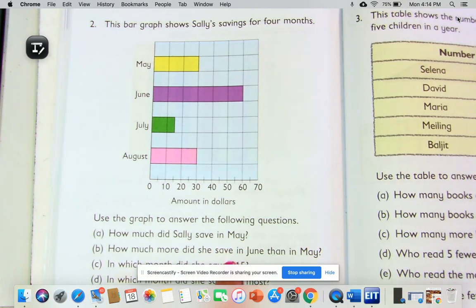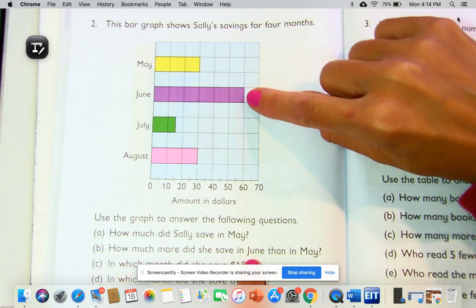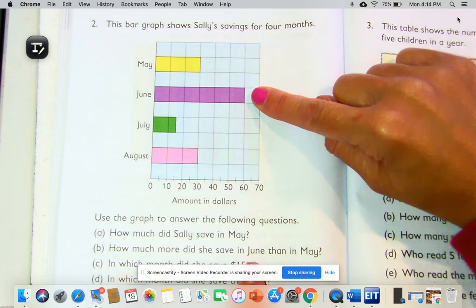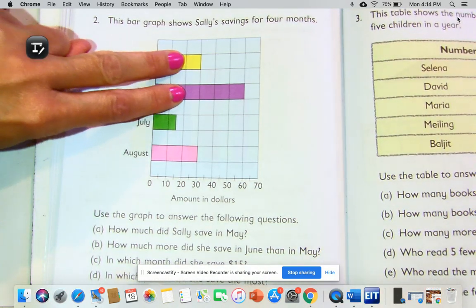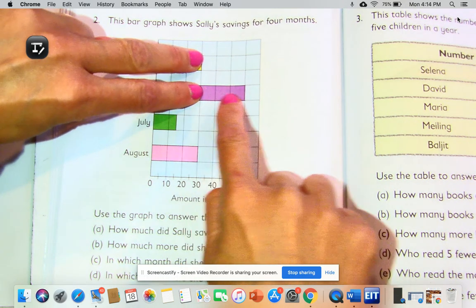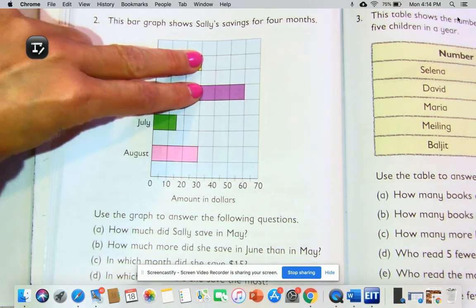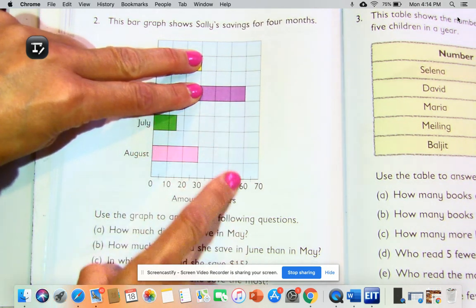Let's see, how much more did she save in June than in May? Okay, so now we're going to compare June to May. So what we can do is, well, here's May and June. They're the same here, same here, same here. And then June sticks out this much further. And then we could kind of count. We could say, well, here is 30, and then it stops at 60.